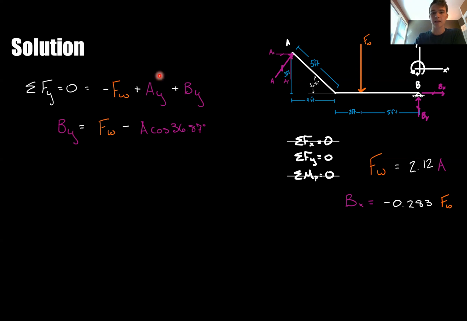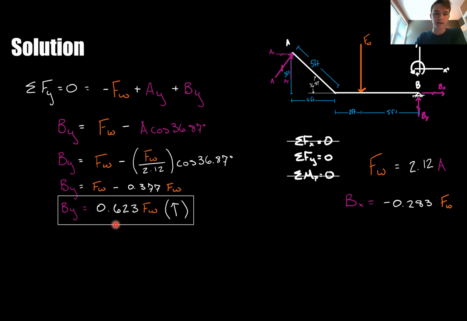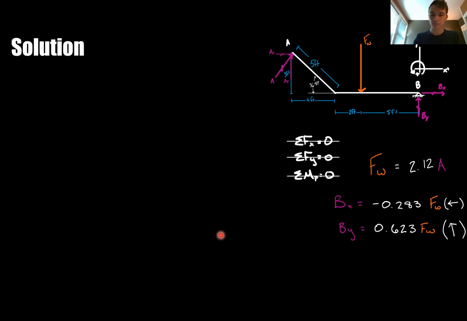And again, we're going to do that little trick we did last time. Using this equation here, A is equal to FW divided by 2.12. And then we're just going to multiply that by cosine of the angle. And then we just do basic algebra to find that BY is equal to 0.623 FW. And it's positive, so we know that we've drawn it correctly in the diagram.